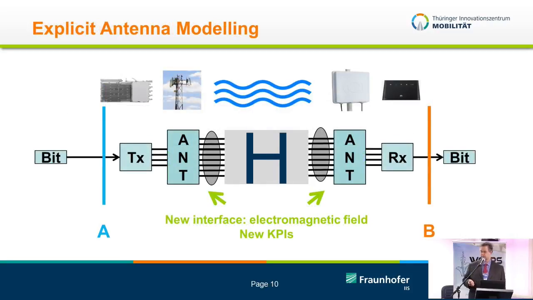And now we go to the fact that we want to go into a real system where we now even model the antennas. So you have a transmit antenna, you have a receive antenna, and this gives you a new interface to test with, which is the electromagnetic interface. You can model this electromagnetic interface in multiple ways. For now, we can say physical optics approximation.